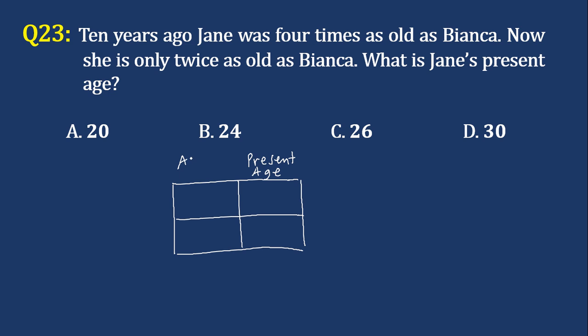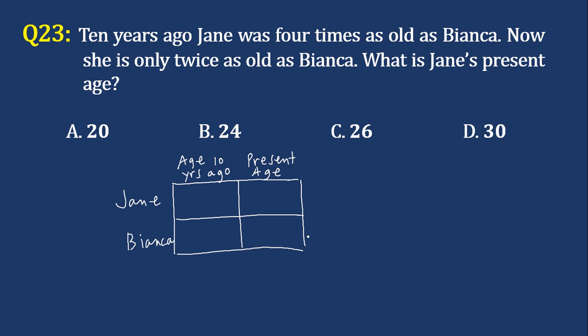So let's put Jane in the first row and Bianca in the second row. Okay, so let us represent their present ages.